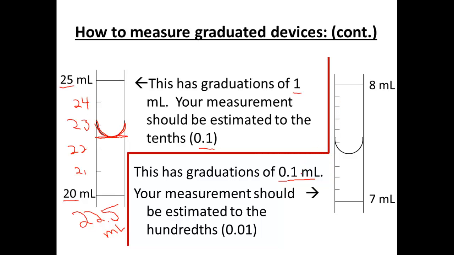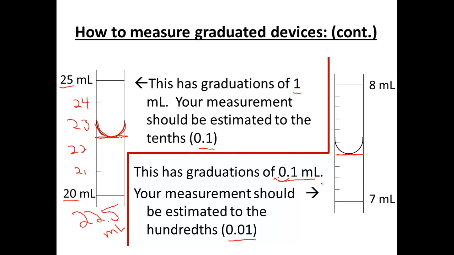If we were to estimate one place further, we would measure to the nearest hundredth. We draw right across, and we're basically right about 7.4.